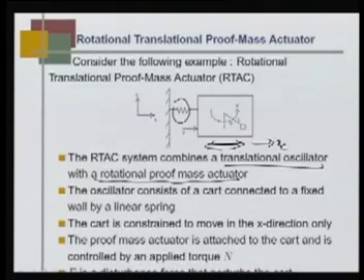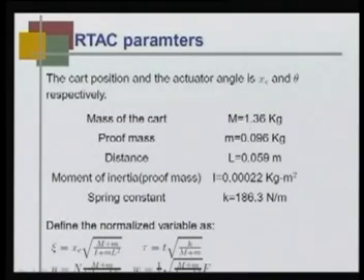So the mass of the cart is capital M and the proof mass is small m. Small m is 0.096 kg, the link length of the pendulum is 0.059 meter, the moment of inertia of the proof mass I is 0.00022 kg meter square, and the spring constant K is 186.3 Newton per meter.